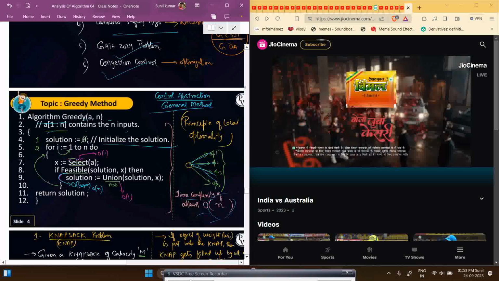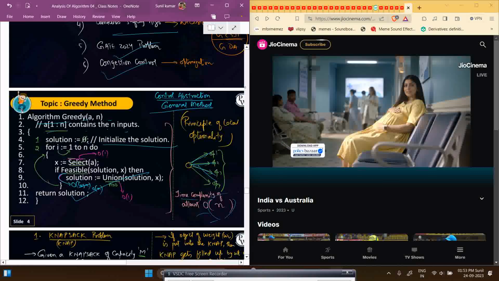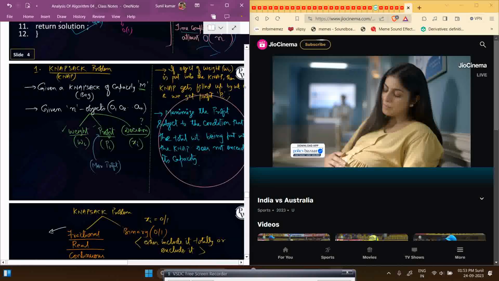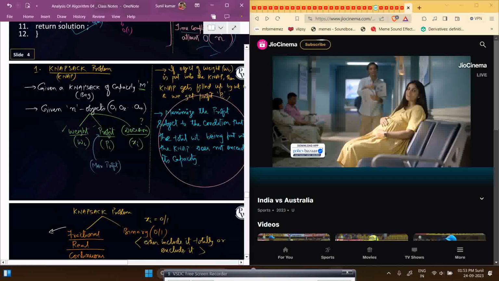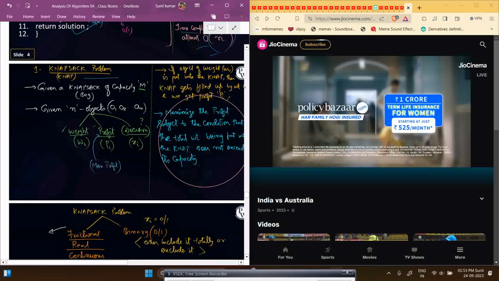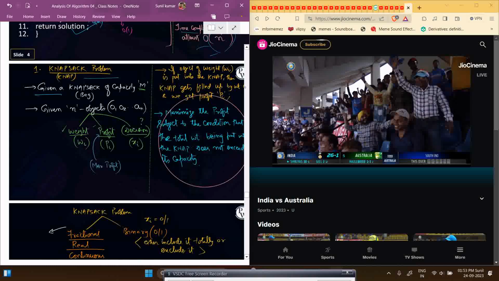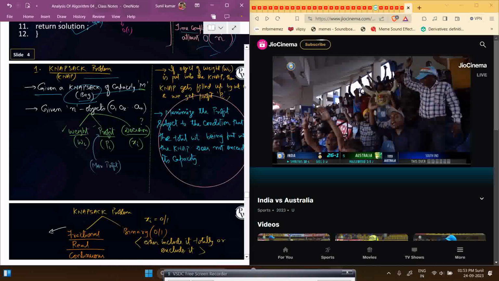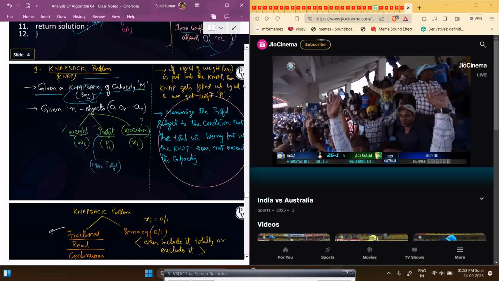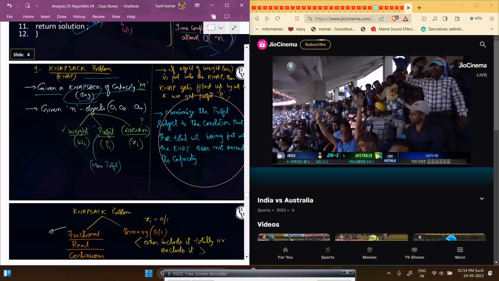Then we return the solution altogether. So there is a problem, the knapsack problem. How do we solve these knapsack problems? Given a knapsack of capacity n, this knapsack means a bag.